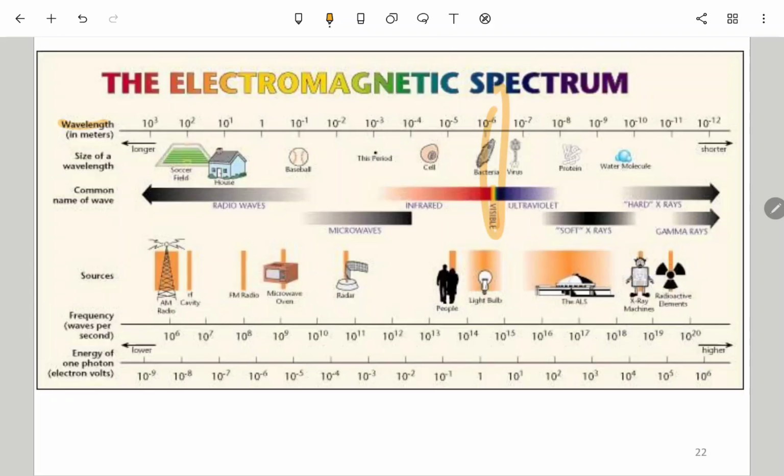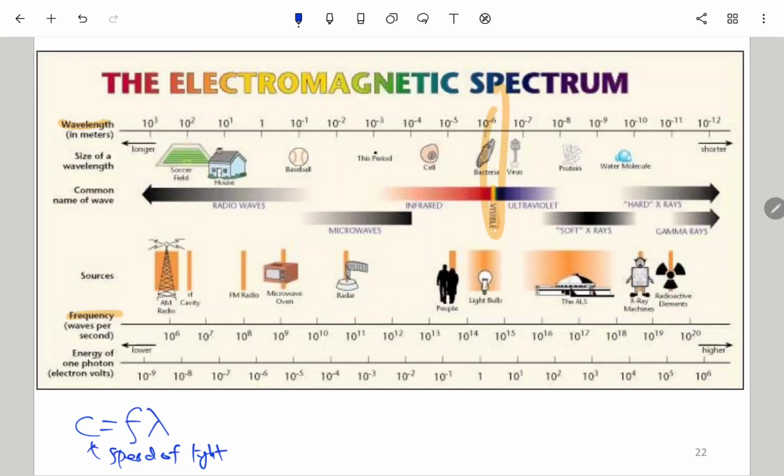One is called the wavelength, and the other is called the frequency. In high school physics, possibly you have learned a formula like C equals f lambda. C is the speed of light, f is the frequency, and lambda is the wavelength.